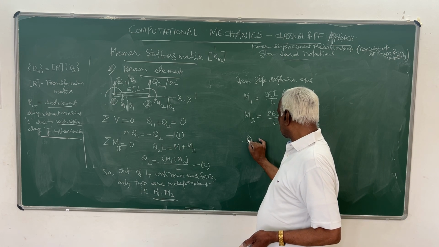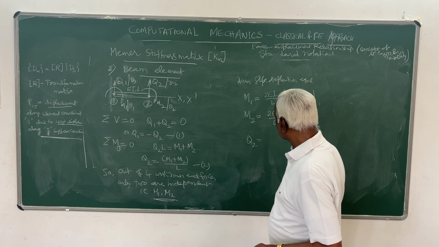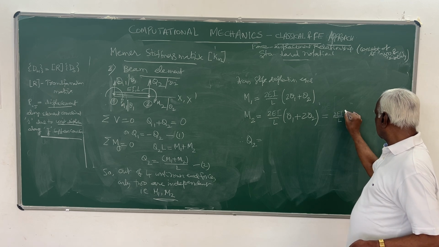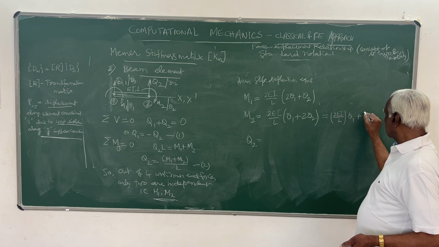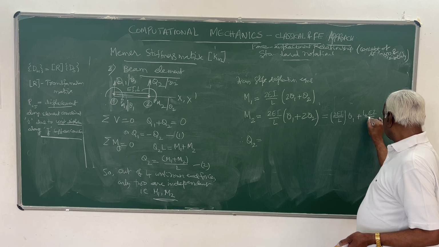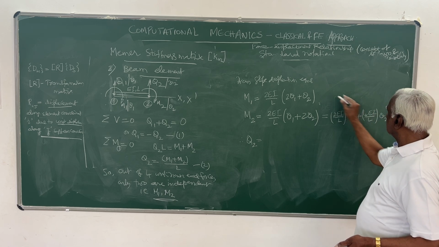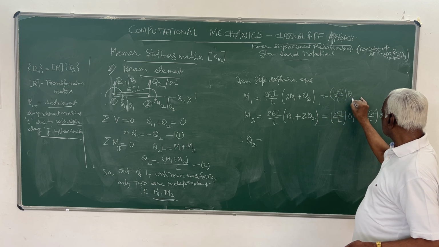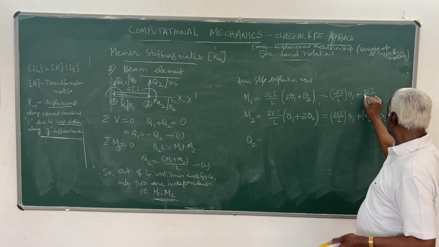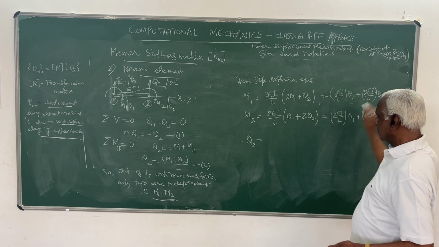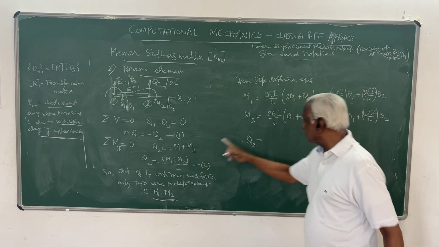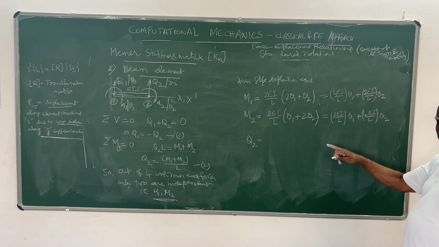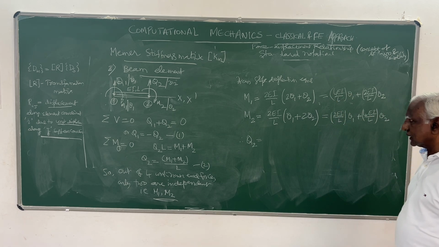Therefore, Q2 equals, or I will write this, 2EI by L theta 1, 4EI by L theta 2, 4EI by L theta 1, 2EI by L theta 2. Since Q2 is (M1 plus M2) by L, therefore, this plus this divided by L. Correct?